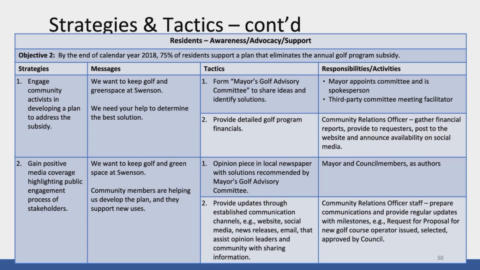Also, again, because we had such poor media coverage in the way that we've handled that, one of our strategies is to gain positive media coverage, highlighting the community engagement in the process and the stakeholders. Also with opinion pieces in the newspaper that are co-authored maybe by the mayor and his advisory committee members, and then make sure that we provide updates through established channels of communication that allow those people who've been so active on social media to be able to share that information.